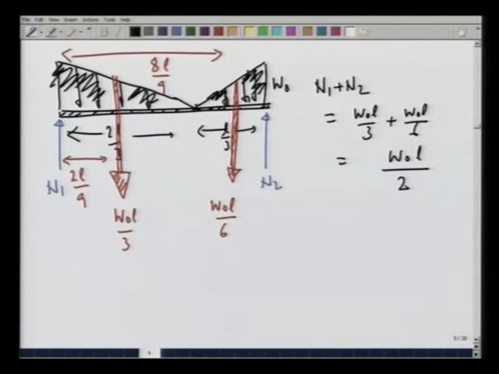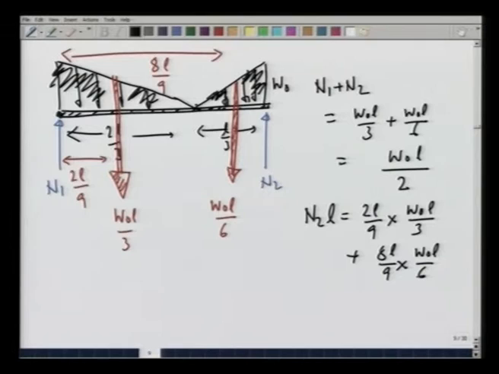And then we balance the moments about this point. All the distances are known, so N 2 times L is going to be equal to 2 L by 9 times W naught L by 3 plus 8 L by 9 times W naught L by 6.